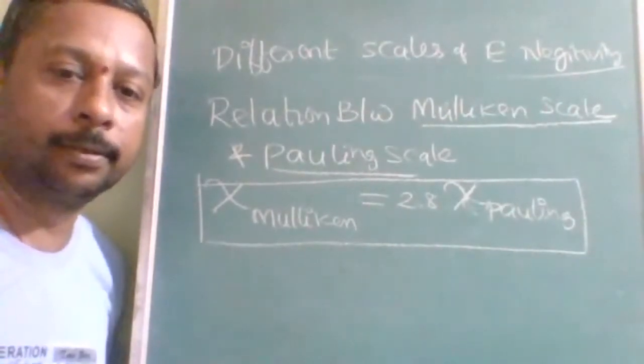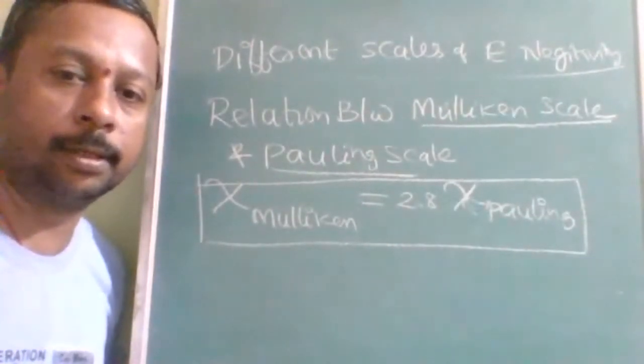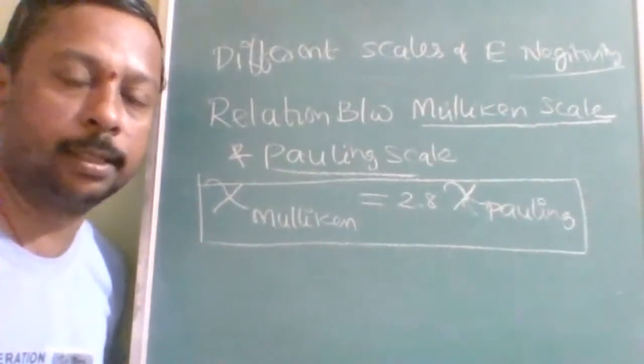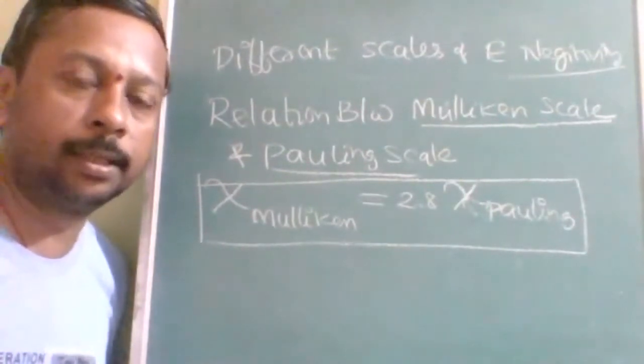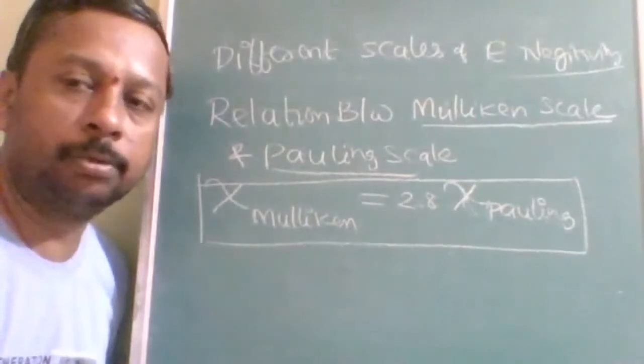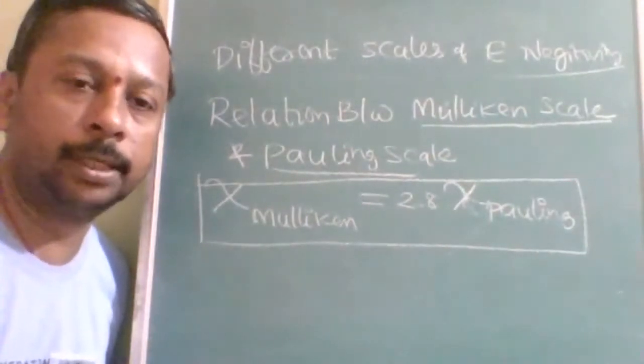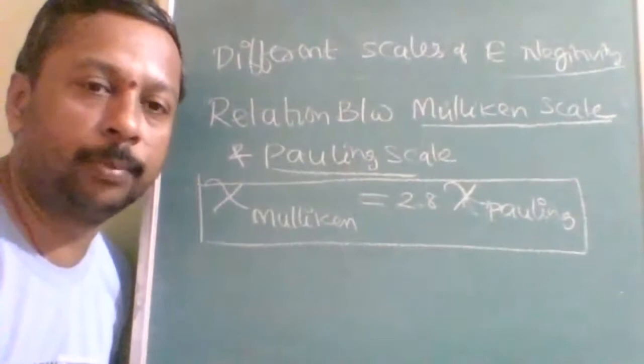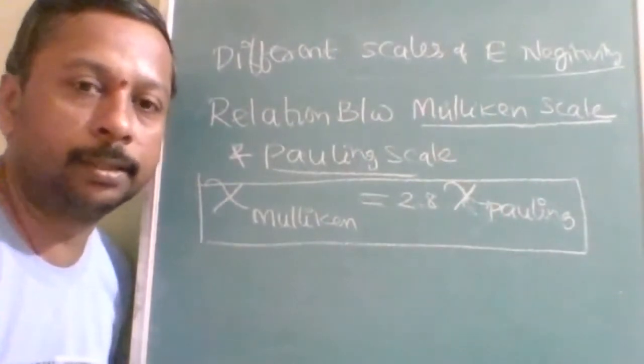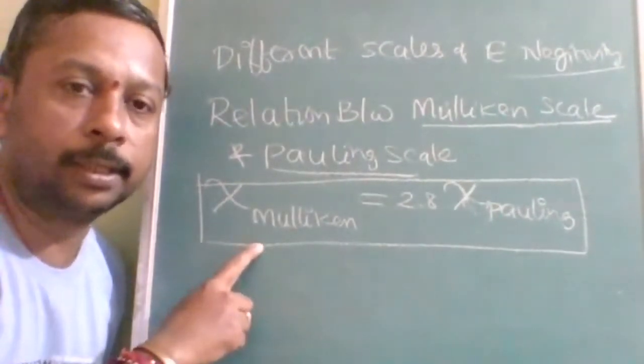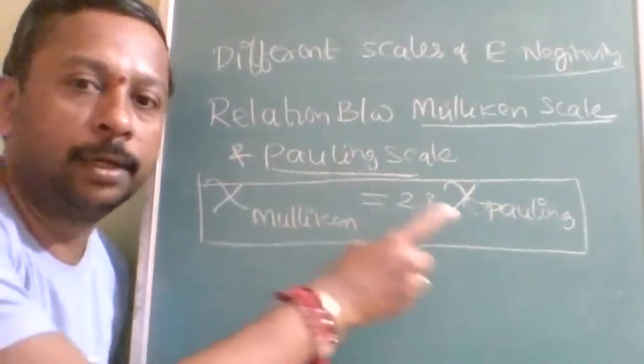Okay, so note down this relation, because there are most chances of it being asked. If you get the question in terms of the Pauling scale, it is better to avoid it and do it at the end, because it is a time-consuming question. If you get the same question in terms of the Mulliken scale, then you can convert into the Pauling scale.